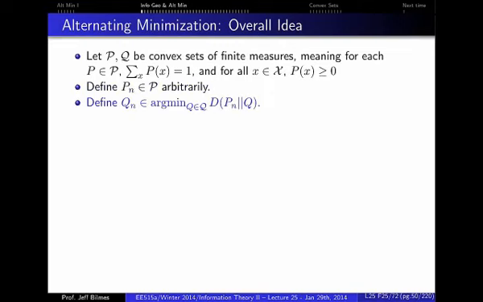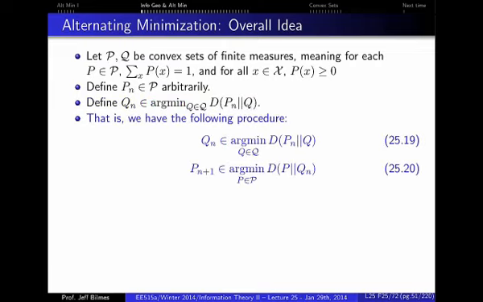Then we find the alternating minimization procedure, where we hold P of n fixed and optimize over Q in the Kullback-Leibler divergence, and we get Q of n. And then we just alternate back and forth. We take a Q of n holding P of n fixed, which optimizes this divergence, and then we take a P of n, which does this thing here.